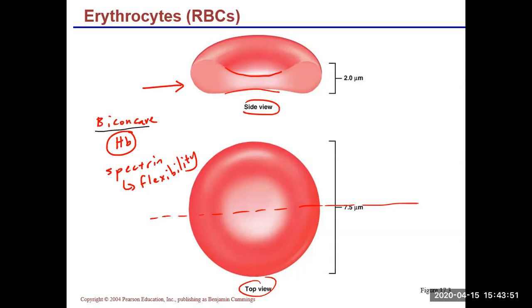So there's more chance of exchanging gases back and forth, because they have a lot of surface area compared to the volume that they're holding. If it was spherical, you would have less surface area compared to the volume that they're holding. The volume is going to be a lot more, obviously.